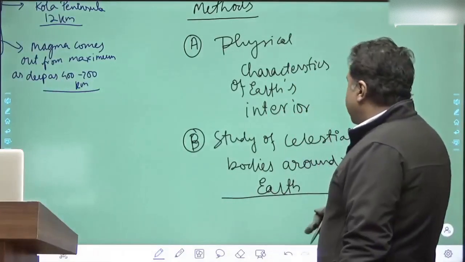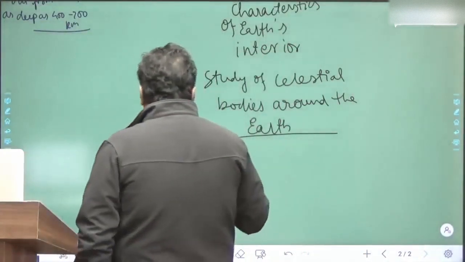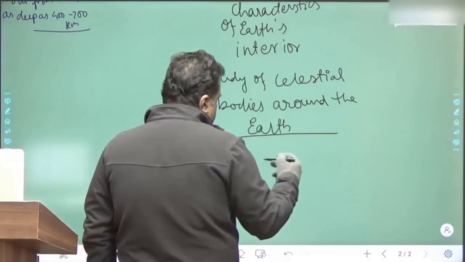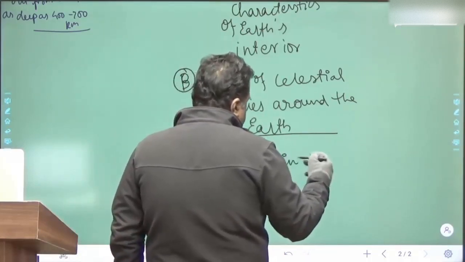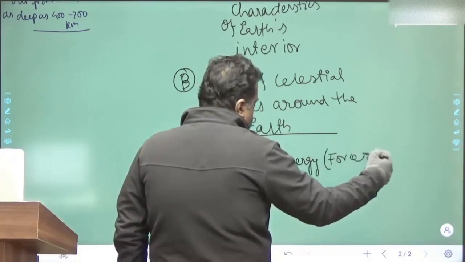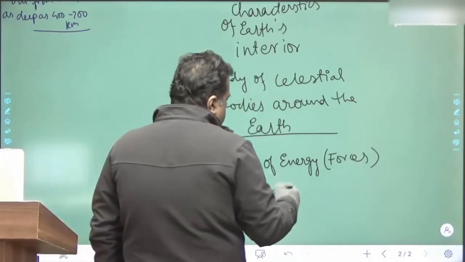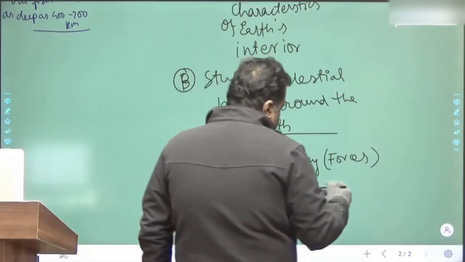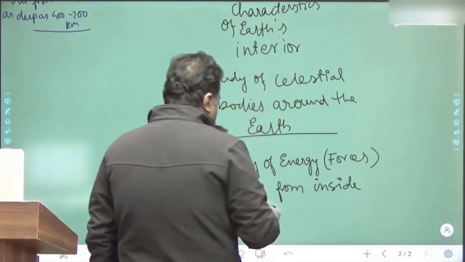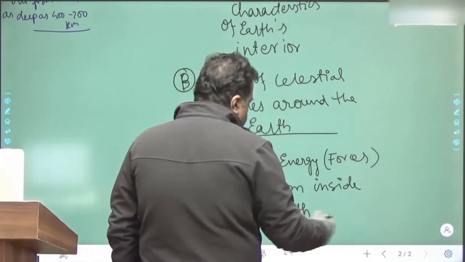So study of celestial bodies around the earth, B, second group, and C is study of energy or forces coming from inside the earth.